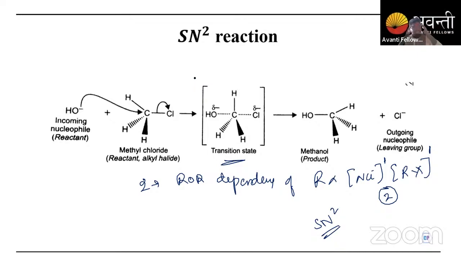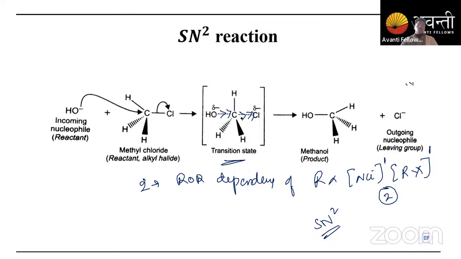Ideally, whenever the OH minus is approaching, Cl minus is leaving. So what we can clearly say from here is that the SN2 reaction depends completely on both the nucleophile and the alkyl halide.